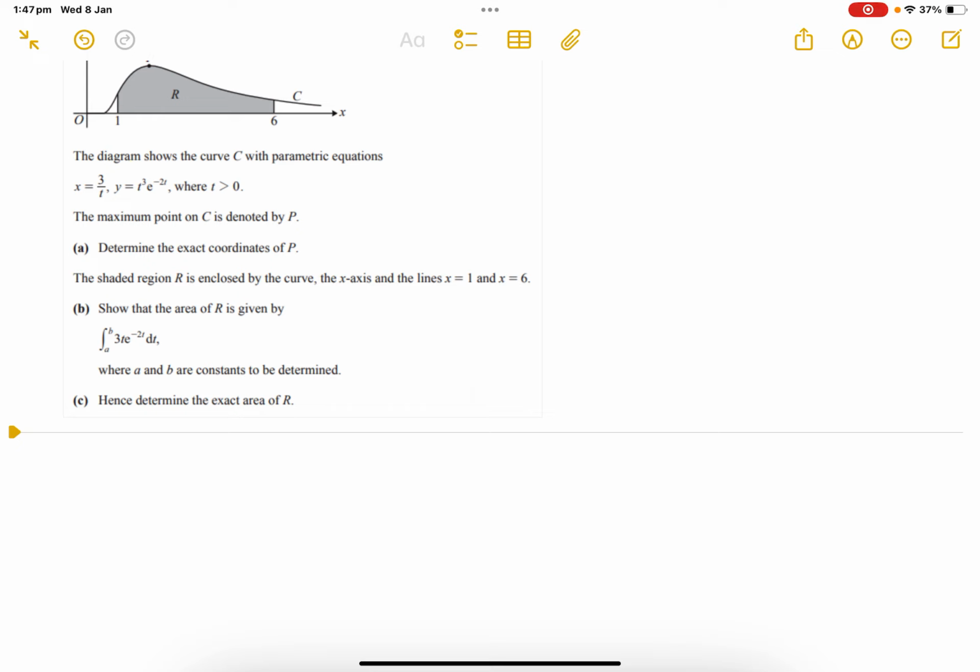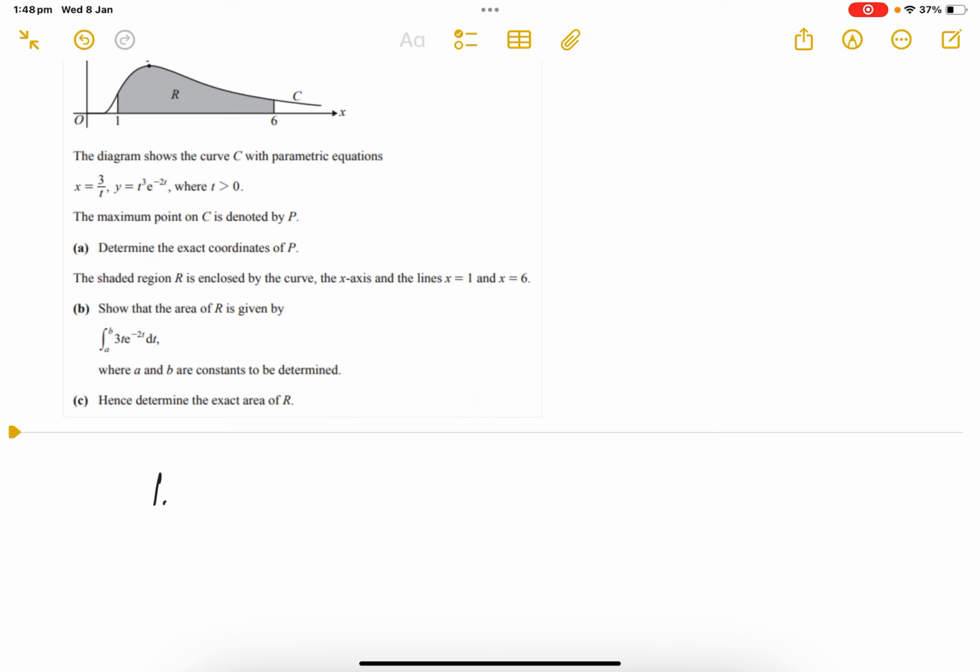Another A-level past question on integration, application of integration. The diagram shows the curve C with parametric equations x equals 3 over t, y equals t cubed times e to the power minus 2t, where t is greater than 0. Let's write it down.